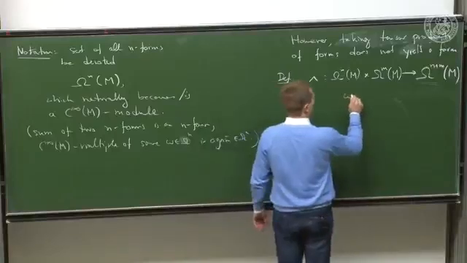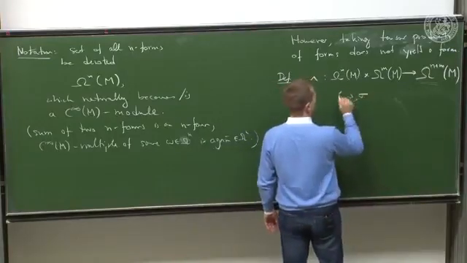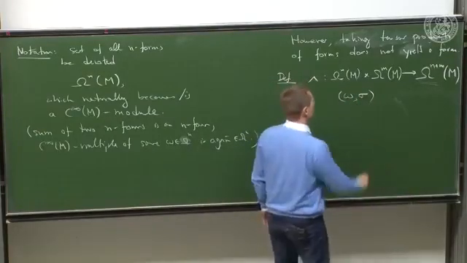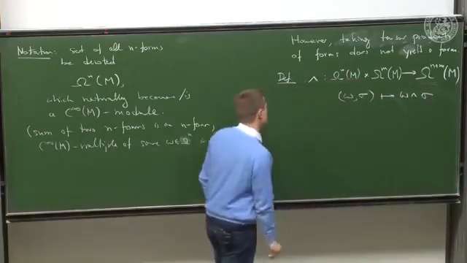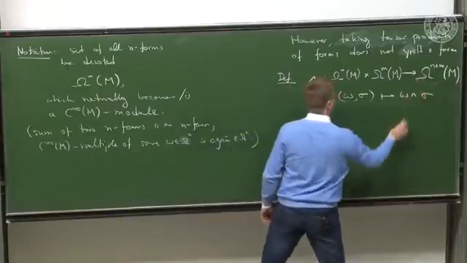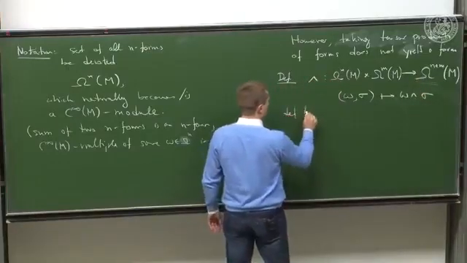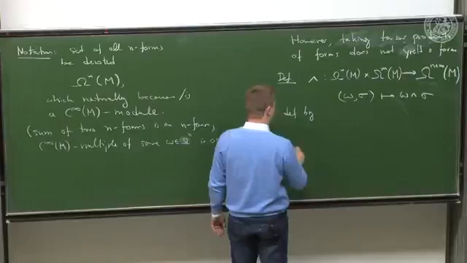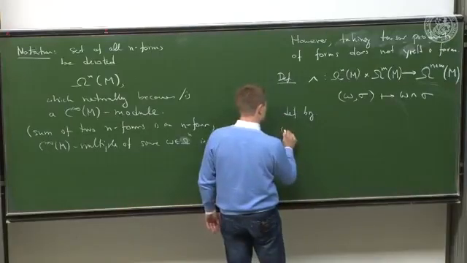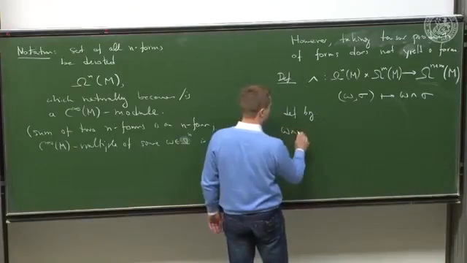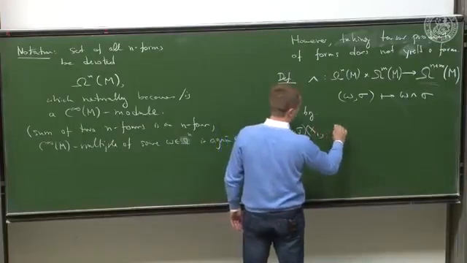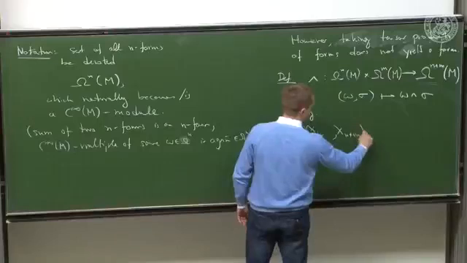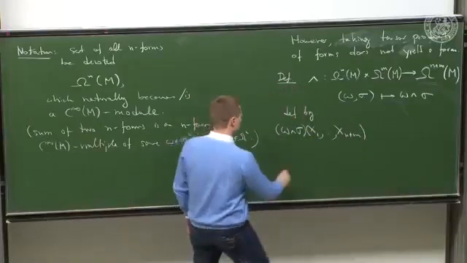So we take an n-form omega, an m-form sigma, and we send it to omega wedge sigma. But how is this defined? Well, if this is an (n+m)-form, we can define it by having it act on n+m vector fields, omega wedge sigma acting on X_1 to X_{n+m}.